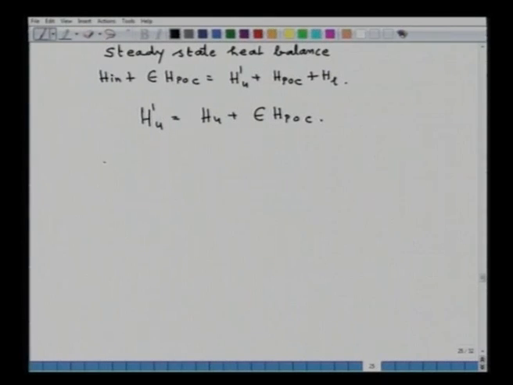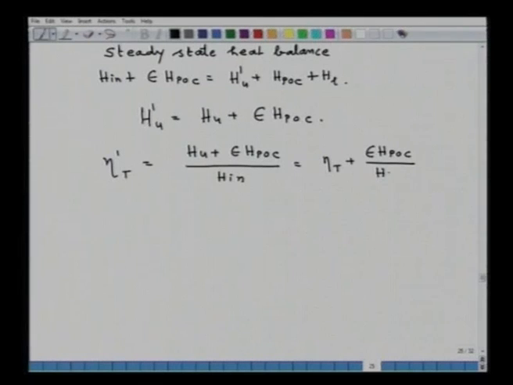Now we redefine thermal efficiency: it is equal to H U plus epsilon H POC upon H in, that is equal to the original thermal efficiency that we have defined plus epsilon H POC upon H in.